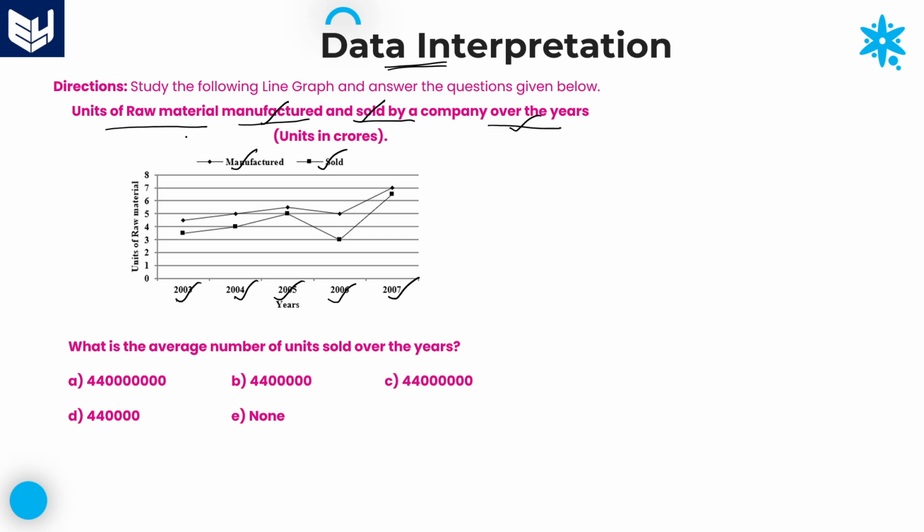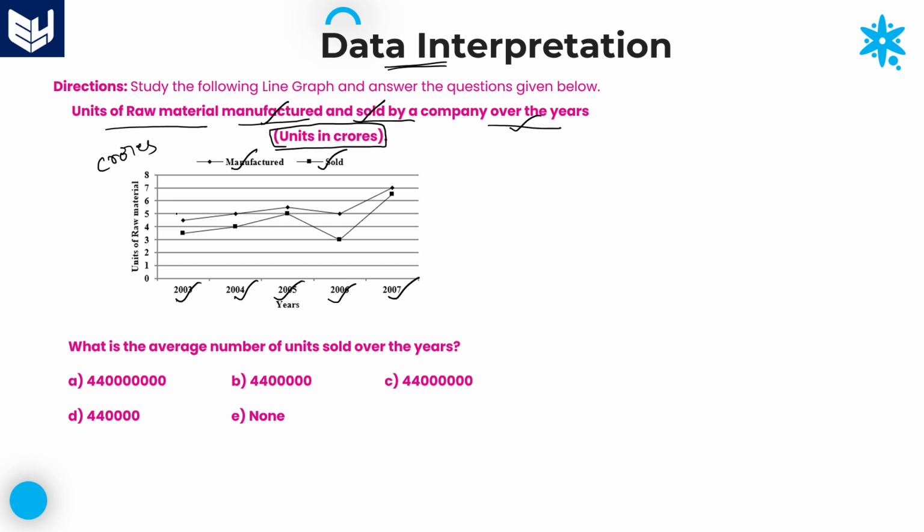These are the two values in each and every year. And one more piece of information is provided in the closed bracket, that is units in crores. Whatever the values given in this line graph, all the values are in terms of crores.